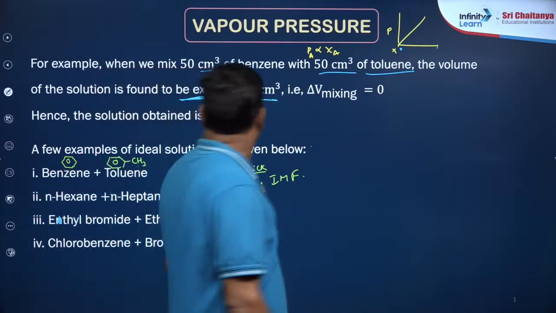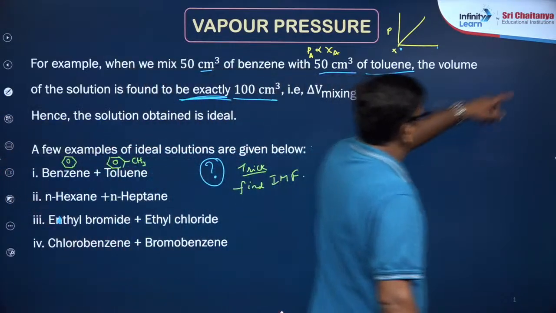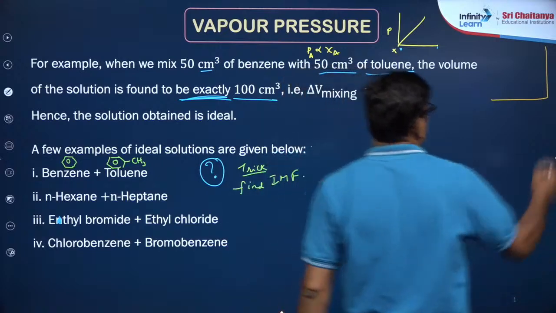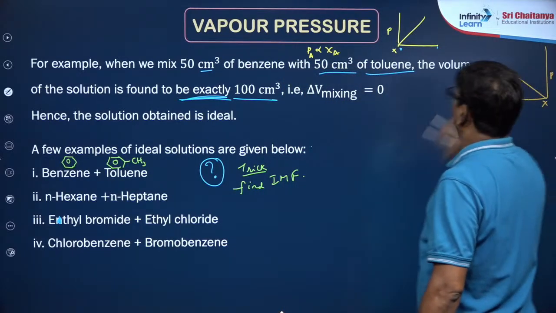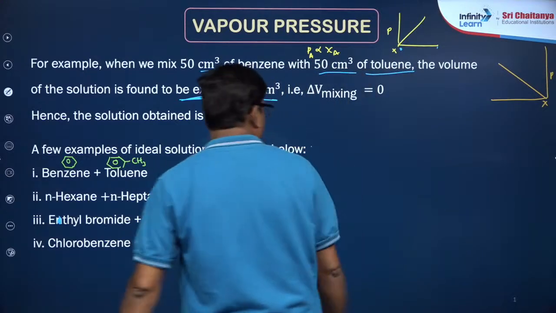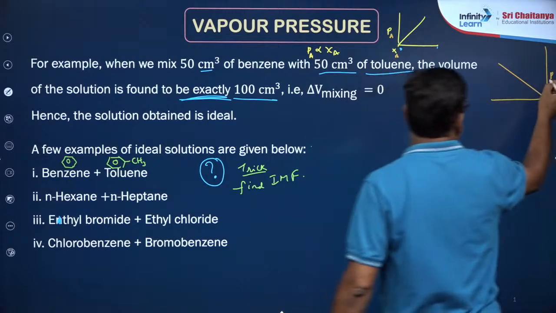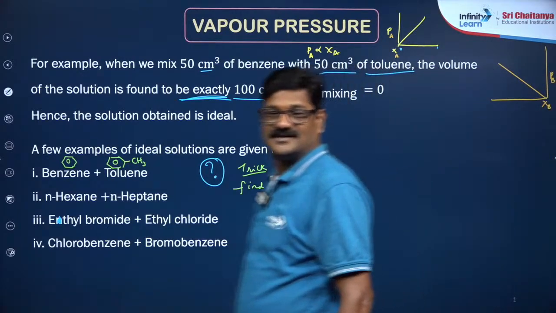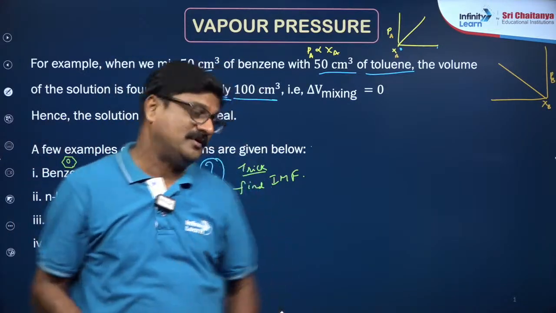The same graph I just want to draw like this also. So vapor pressure and mole fraction can also be like this. You want to draw it for PA and mole fraction of A, PB and mole fraction of B. I just want to draw these two graphs on the same graph paper.